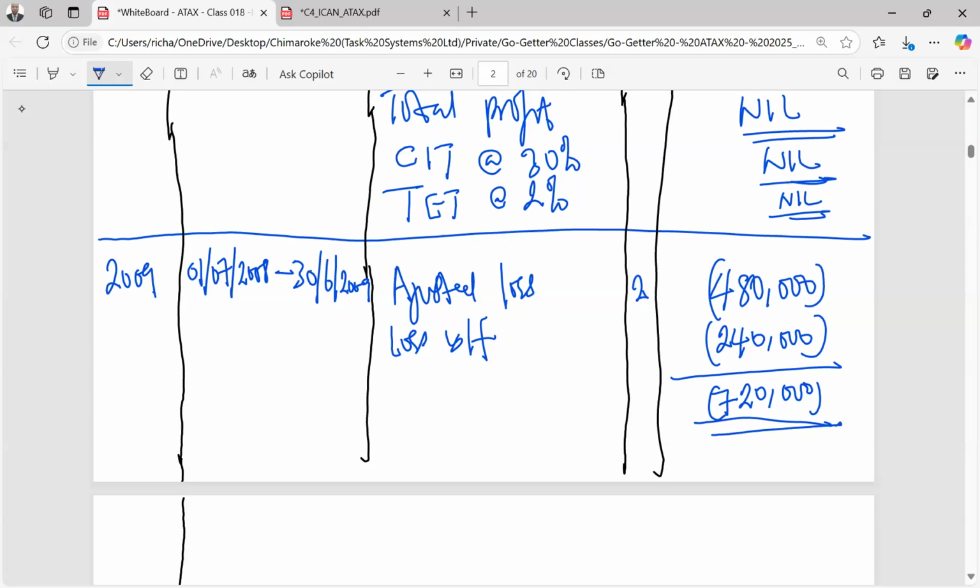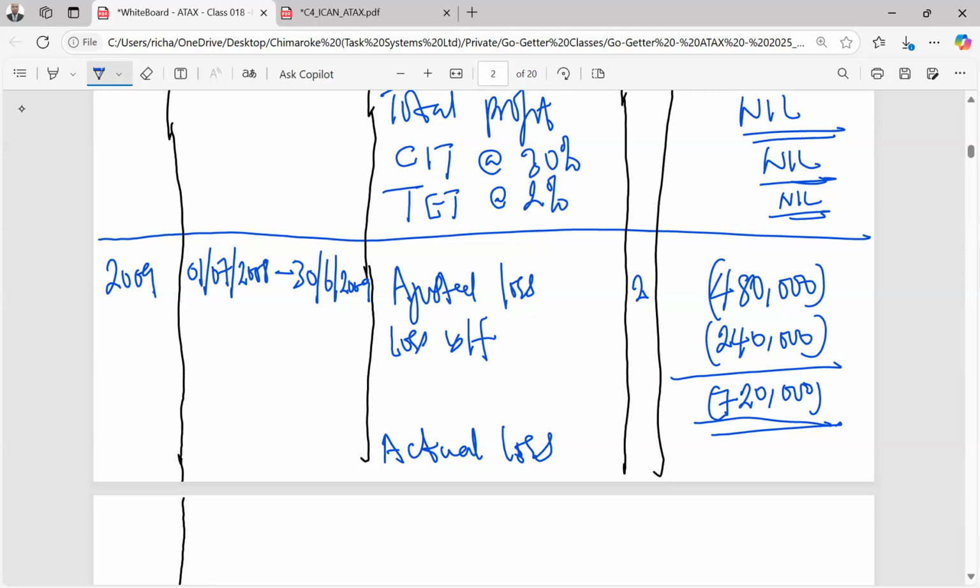So we are going to say actual loss. The actual loss is this 480 because we have just taken only 12 months loss out of the whole 15. So it is not as though we are having 240 separate loss from a different period from this 480.